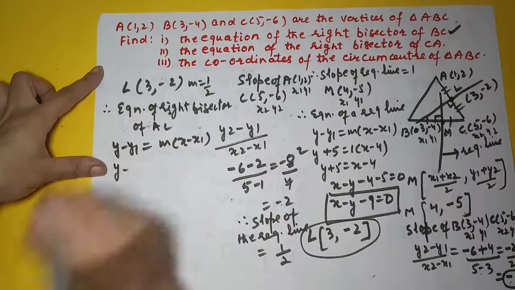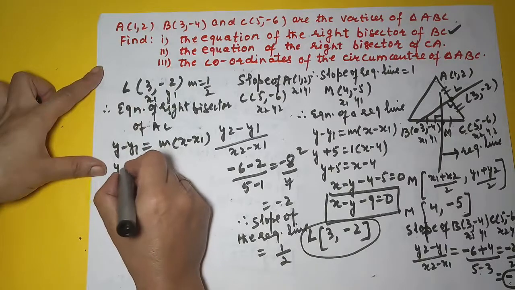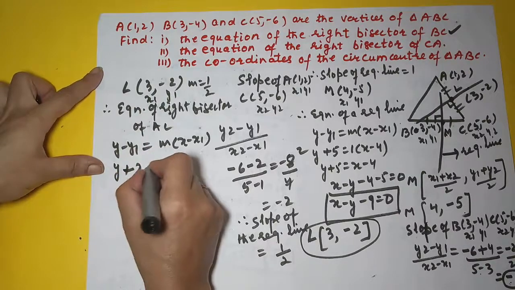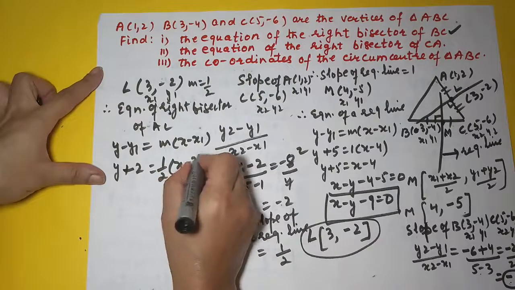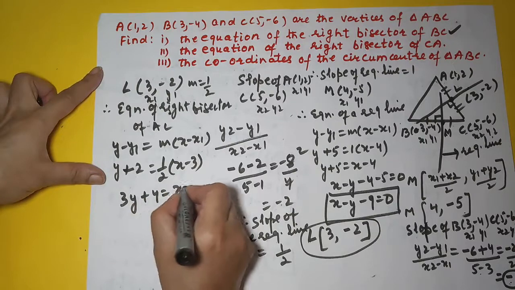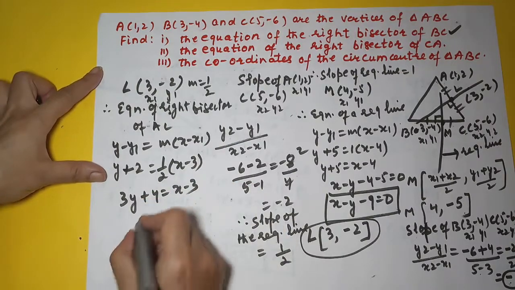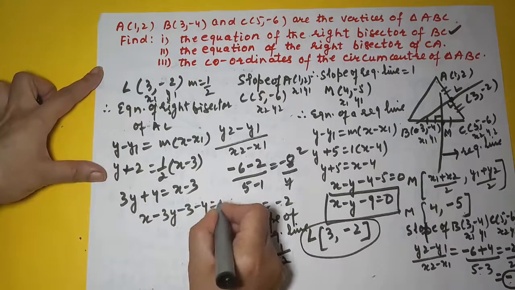So y minus, this is your x1, this is your y1. So this will become plus 2 equal to m is your half, x minus 3. So cross multiply, 3y plus 4 is equal to x minus 3. Let's shift all of them to this side. X minus 3y minus 3 minus 4 equal to 7.